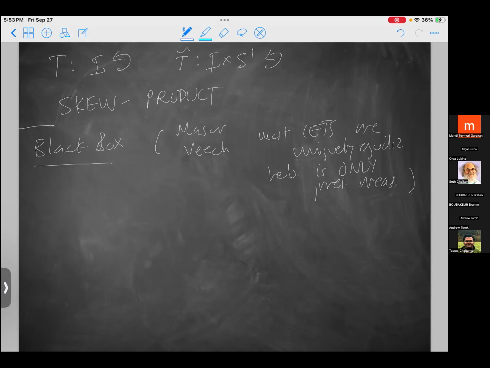So most of these T's are uniquely ergodic. Now, a quick digression into classical ergodic theory.